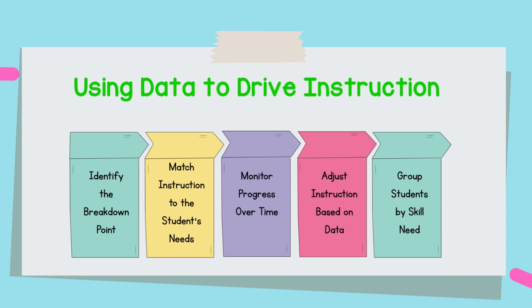Second, we must match instruction to the student's needs. So in all the assessments you gave, you're going to use that data to decide what the students can and cannot yet do.